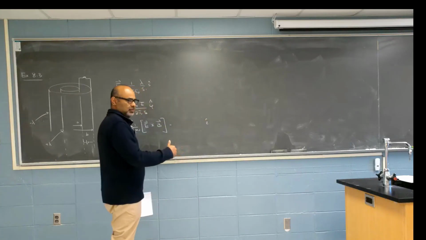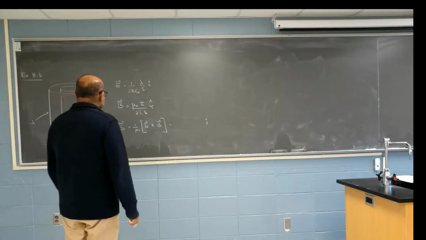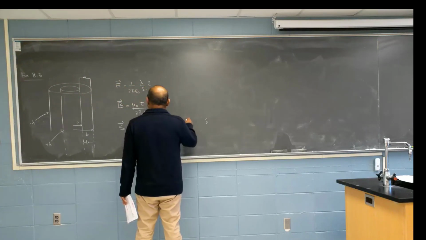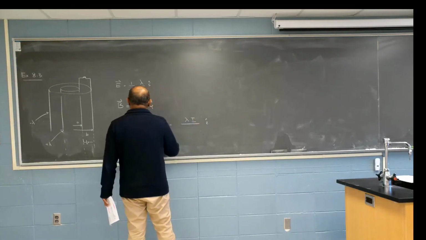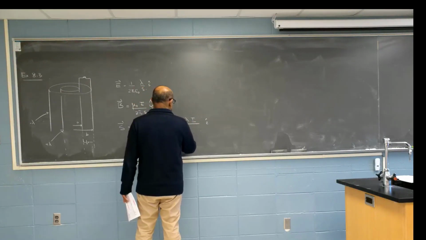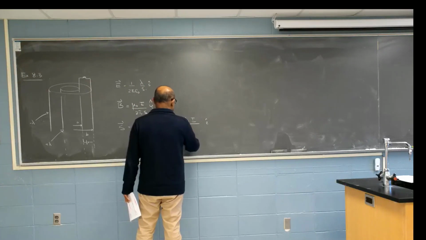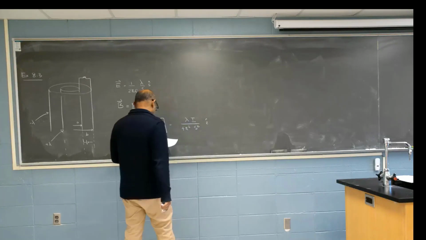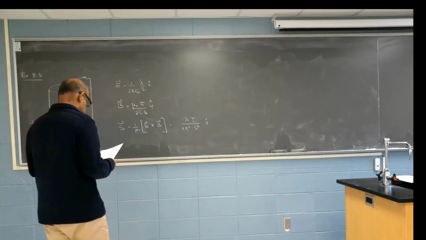Z hat. Mu 0 goes away. Then I would get a lambda times I over 4 pi squared S squared. Is that true? Correct.